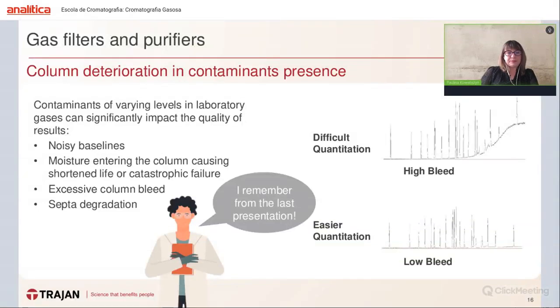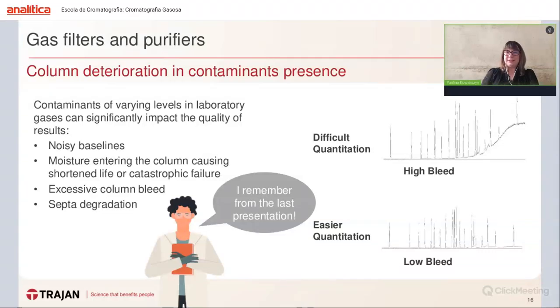And septa will be degrading much faster when we do have contaminants present in our gas line. And as you can see on those chromatograms, the high bleed is causing difficult quantification, not a very nice chromatogram to analyze.